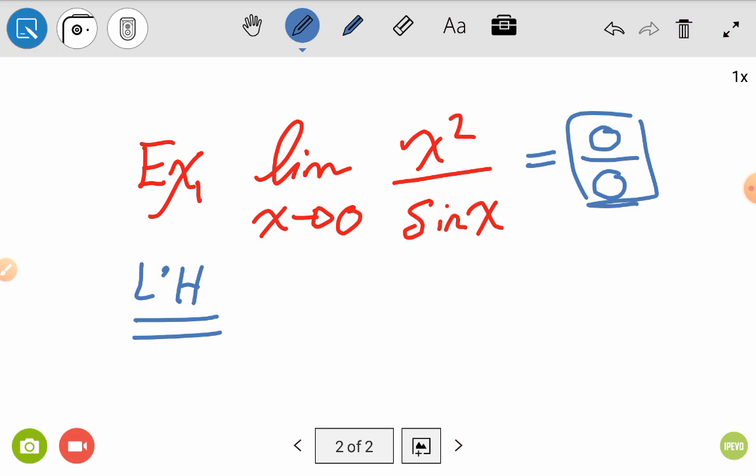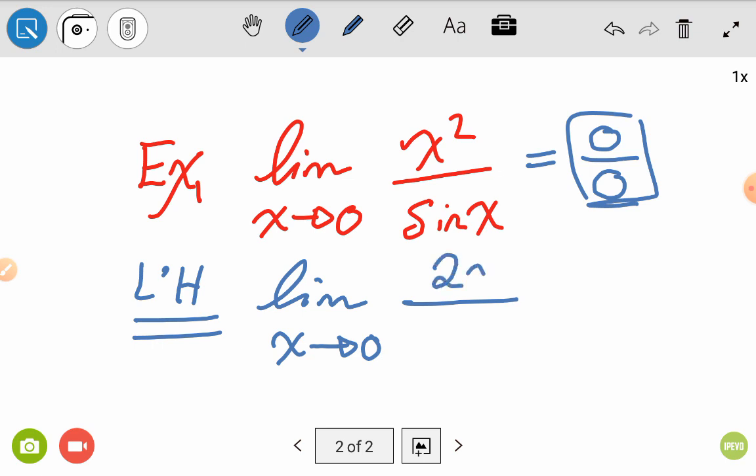So simply you write the first step in your answer: the limit as x approaches 0 of the derivative of x squared, which is 2x, over the derivative of sine x, which is what? Cosine x. Excellent. And then direct substitution.